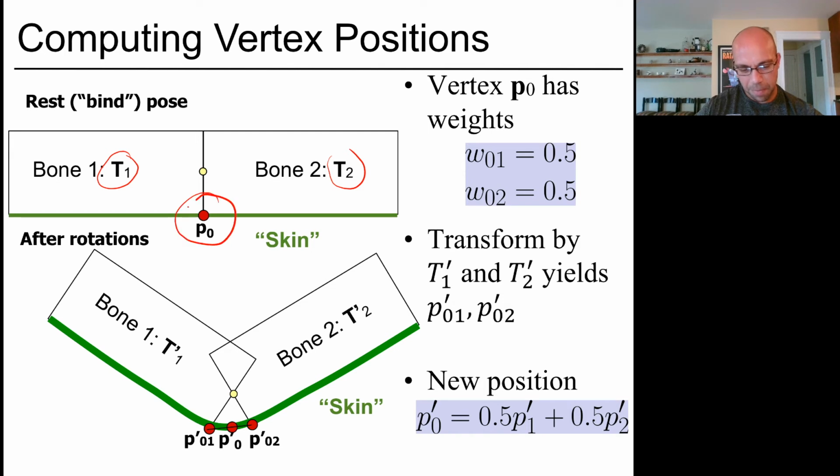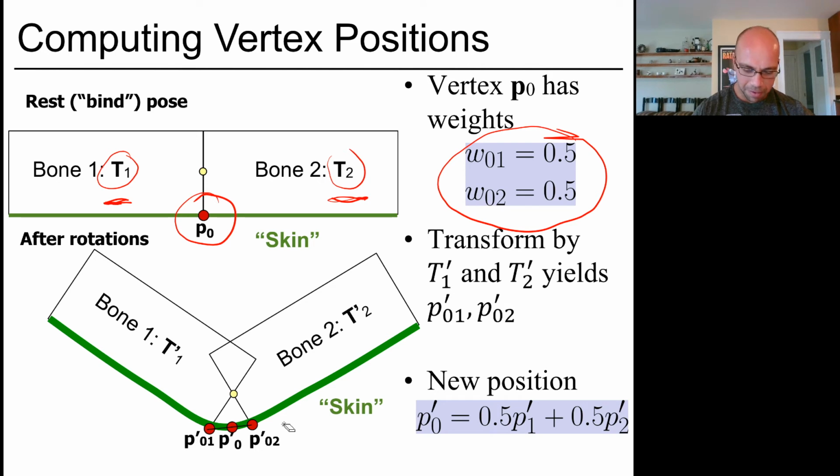And I have a vertex p naught, which is sitting right at the transition from the upper bone to the lower bone. So a reasonable set of skinning weights for p naught will probably be 0.5, 0.5, right? In other words, T1 has half the influence on p naught, T2 has half the influence on p naught. So let's see what happens to vertex p naught. Well, if I transform it just using T1, then I get p01 prime. That's what I've circled on the bottom.